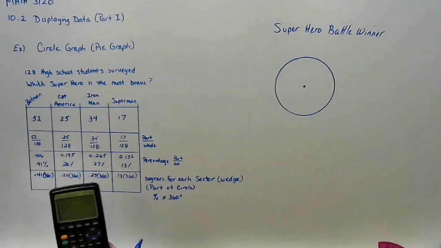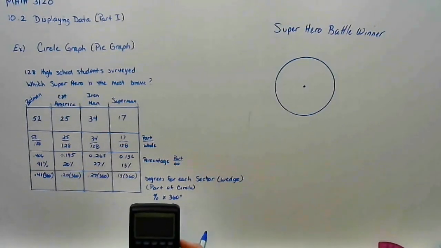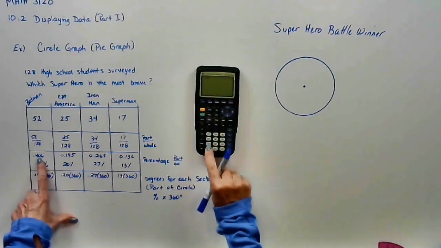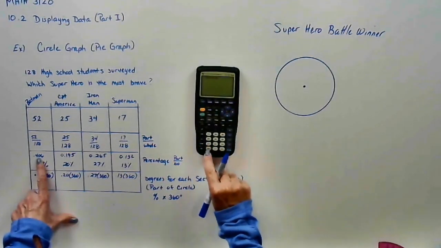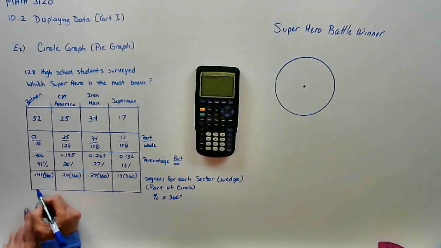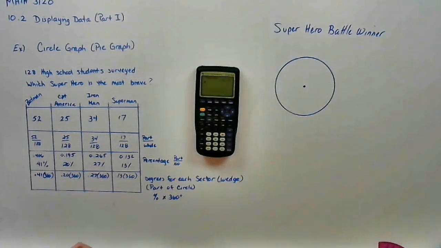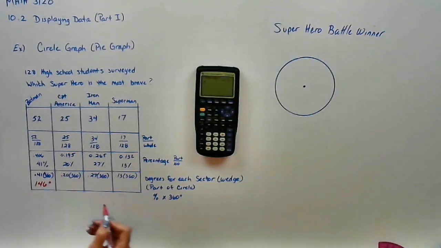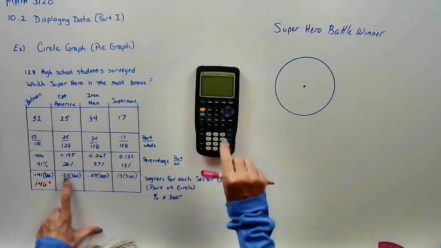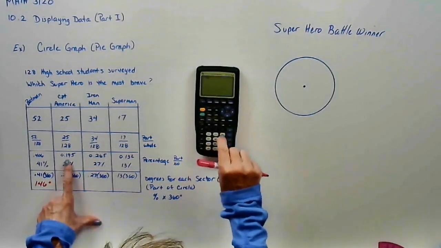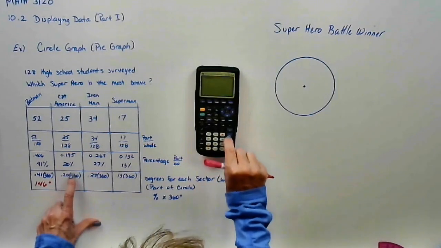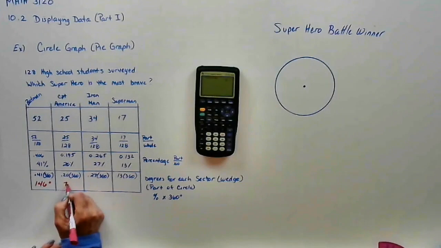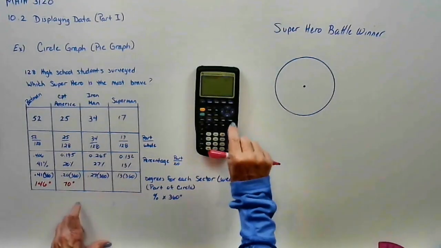So if I actually take, I'm going to be much more specific. I'm going to take my actual 0.406 times 360. I need 146 degrees for that wedge piece. If I take 0.195 or 20%, 20% of that circle is approximately, I'm rounding it to 70 degrees.